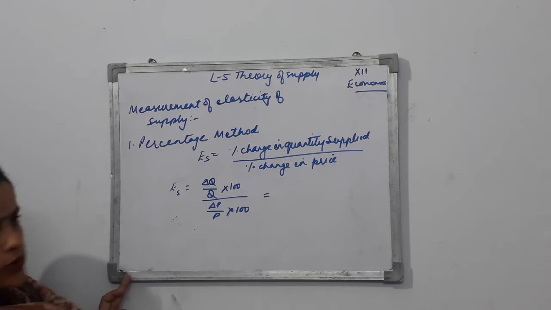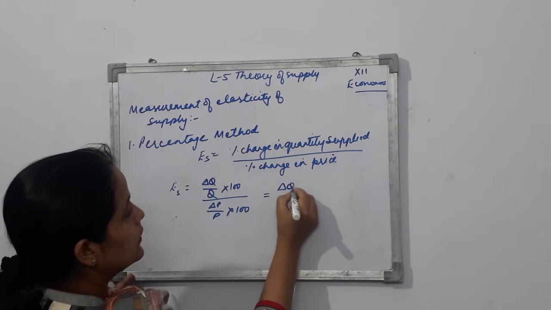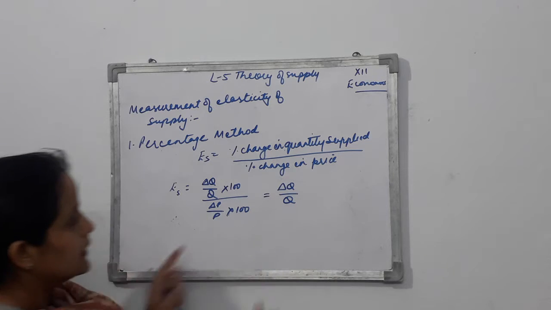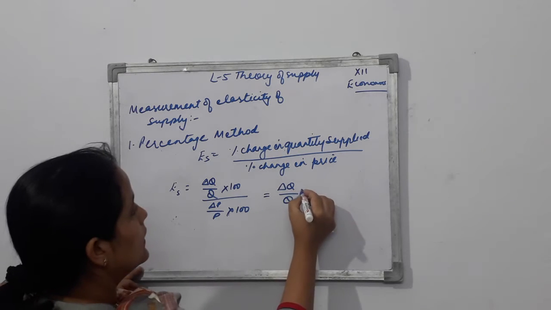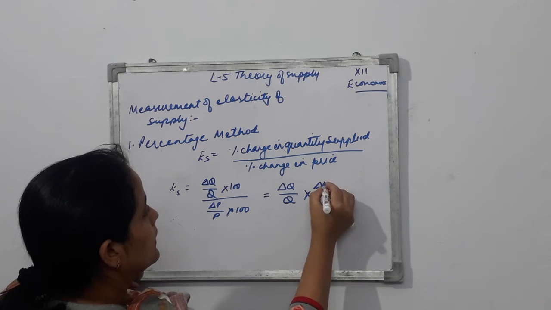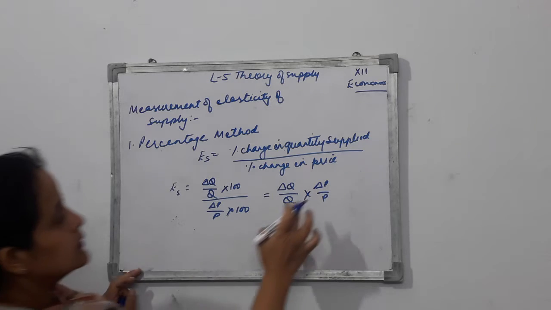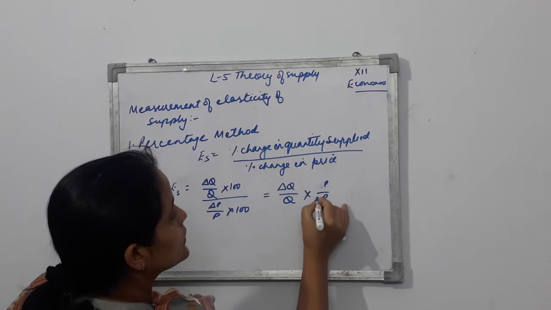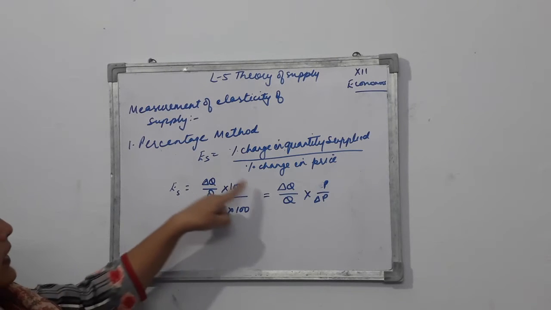Now how is it going to happen? Delta Q upon Q into 100, divided by delta P upon P into 100.